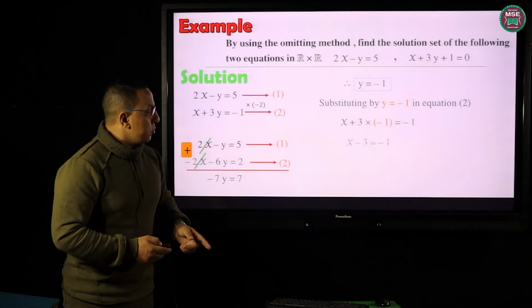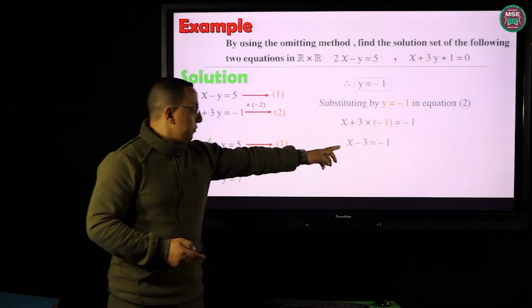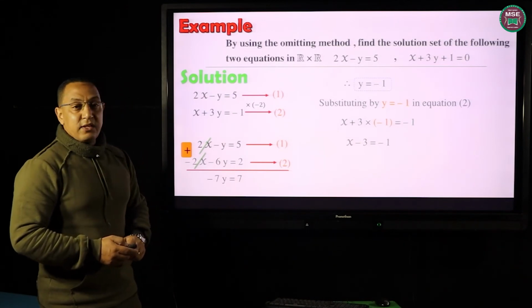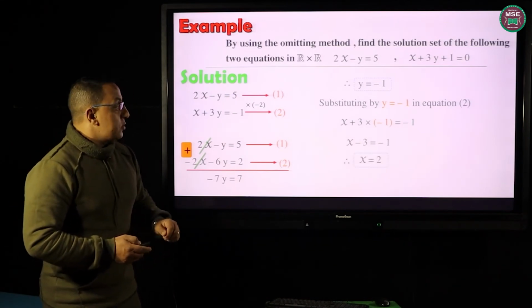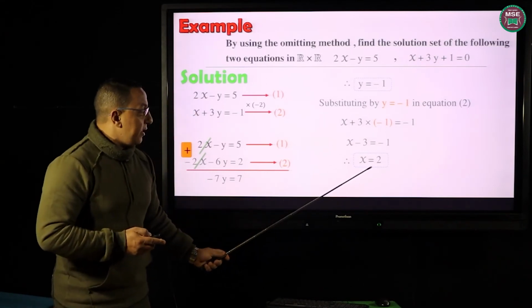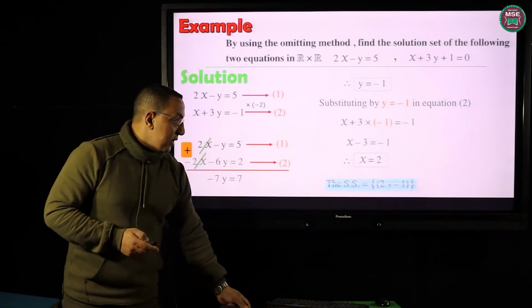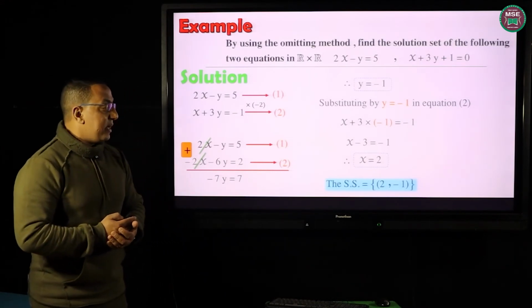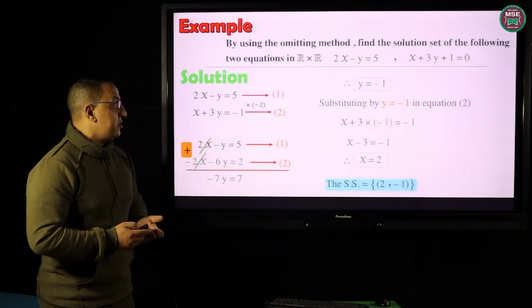And then I'm going to send 3 from here to the right side positive. So it will be negative 1 plus 3 equals 2. So x equals 2. Finally, I'm going to write the value of x and the value of y between brackets like this, 2 and negative 1. This is the algebraic solution for these two equations.